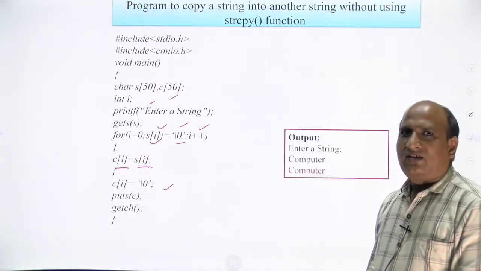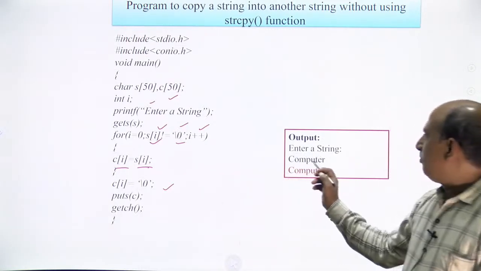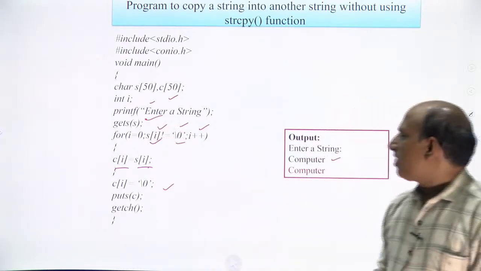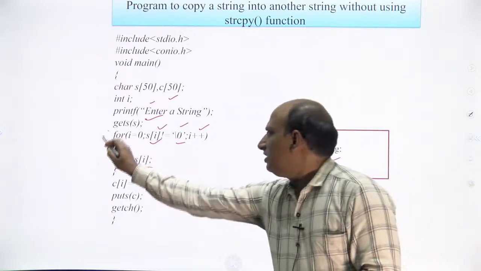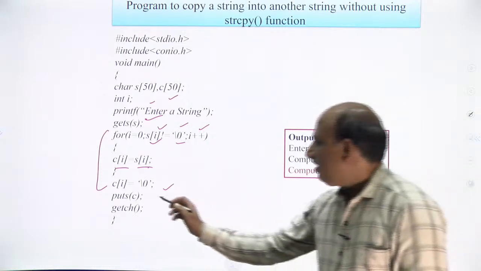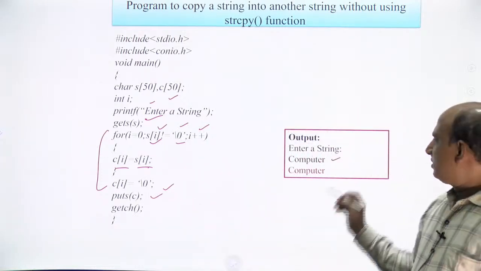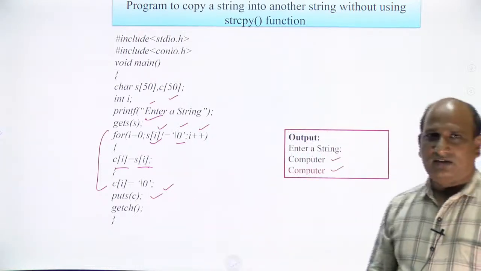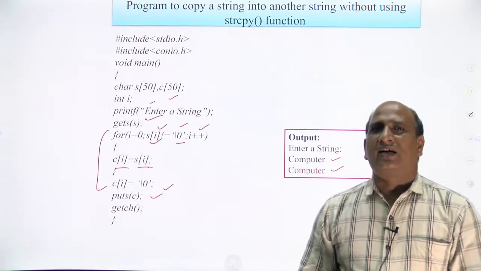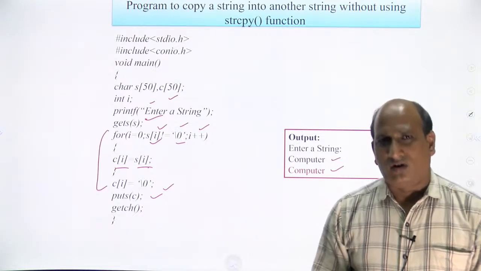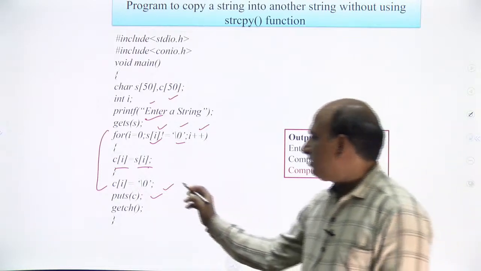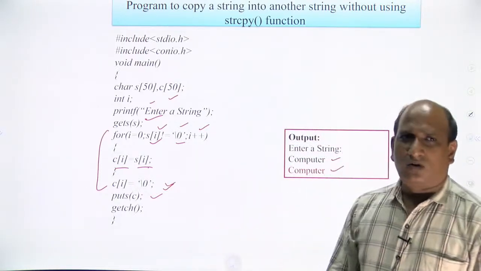I have input "computer" to this s string, and after this logic I have copied it to c, and whenever I print this c, the same string will be printed. So this way you can copy a string character by character by your own logic. One mistake students generally make is that they do not put the null character in the copied string.